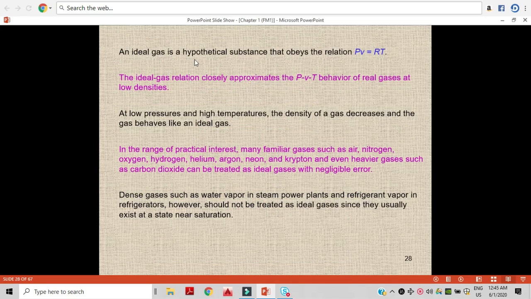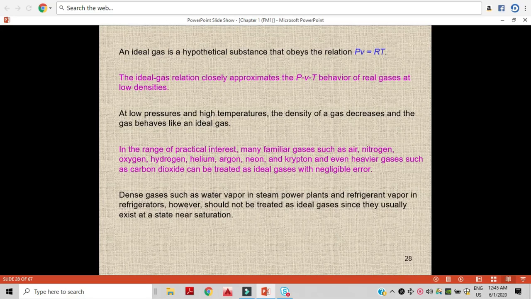An ideal gas is a hypothetical substance that obeys the relation Pv = RT. We all know this equation is only applicable for ideal gases. So what is an ideal gas or ideal fluid, and what is the difference between ideal and real fluid?